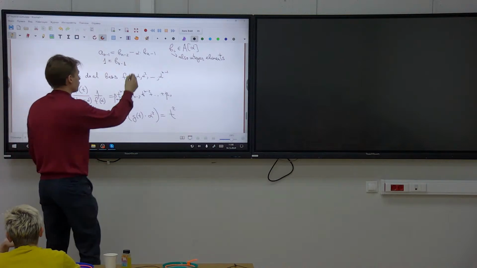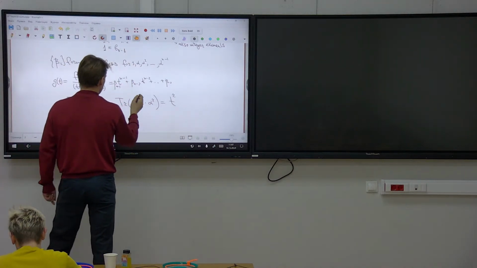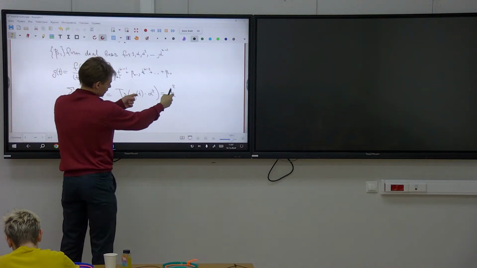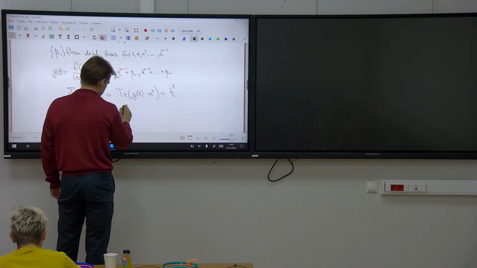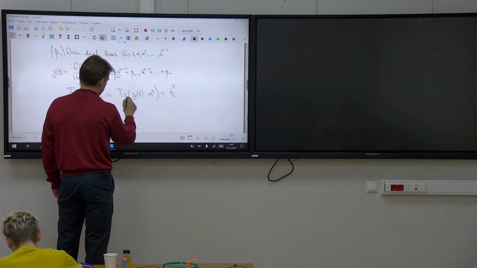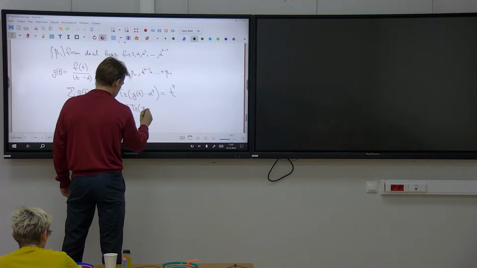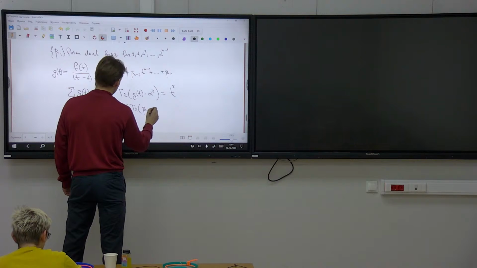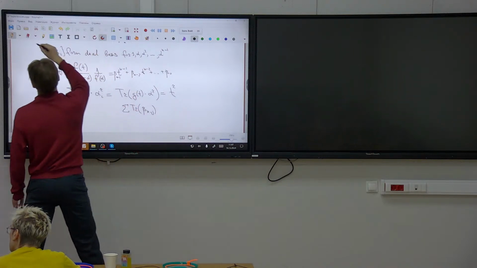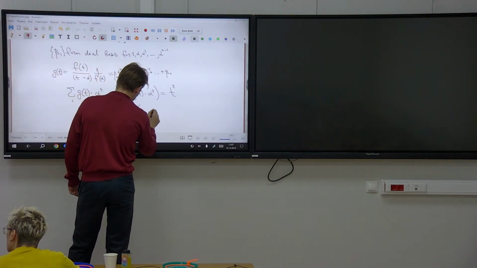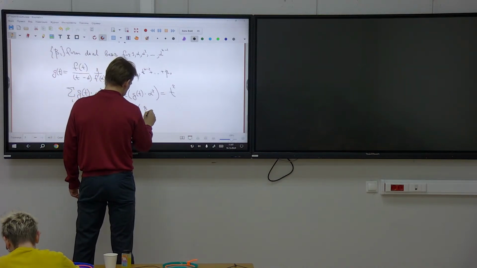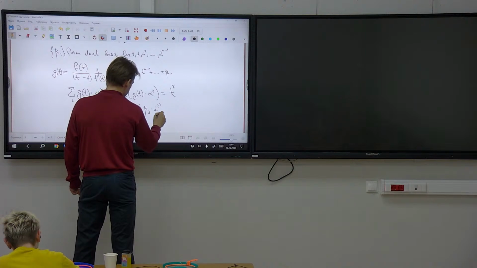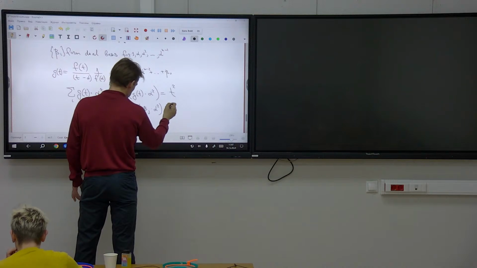And this precisely means, from the viewpoint of beta i, that this is a sum of traces of beta j times alpha r times t to j.